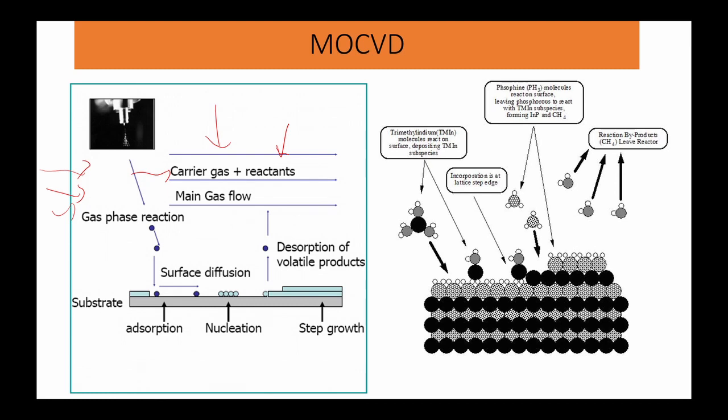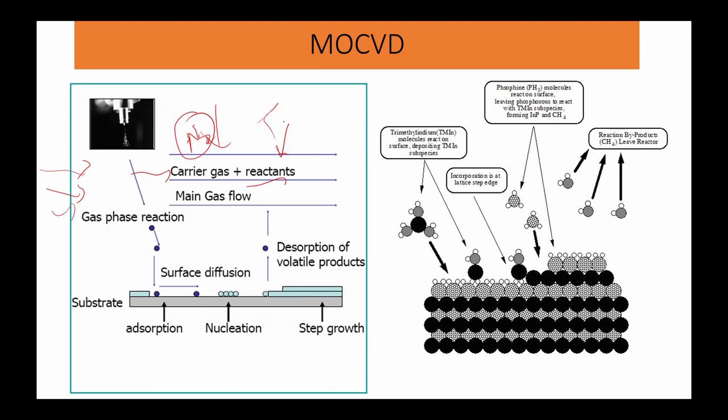The carrier gas we can take is most of the time nitrogen, or there may be another gas which is non-reactive. So nitrogen is the carrier gas, and there are reactants, which are metal organic compounds, which are trimethyl aluminium, trimethyl indium kind of.